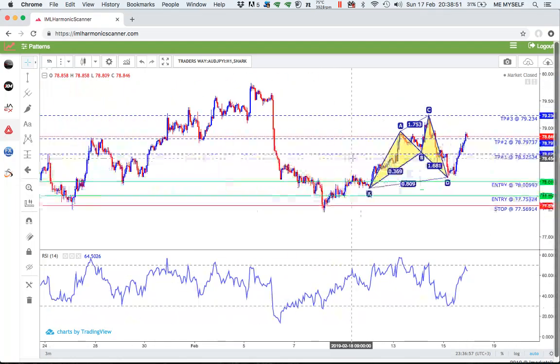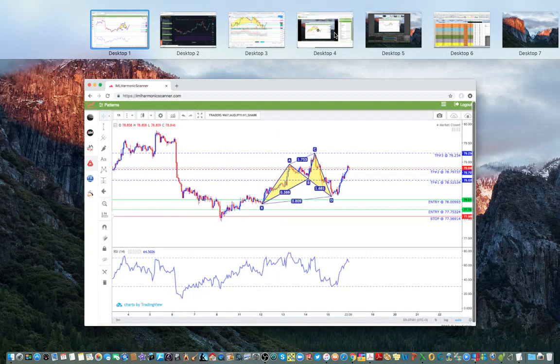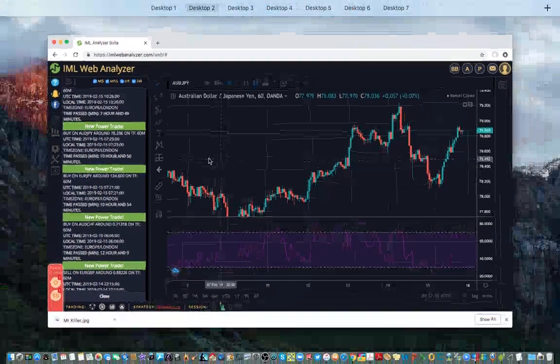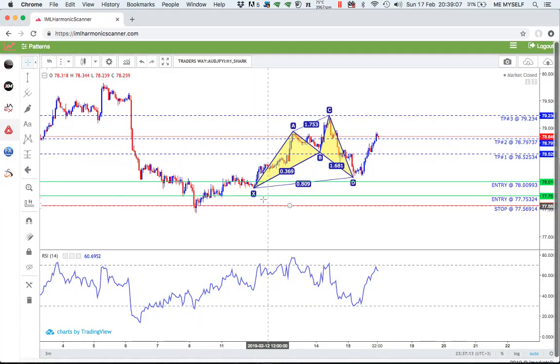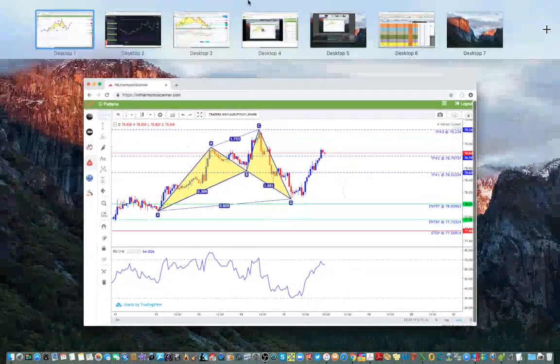AUD JPY called for a buy. Nice thing is that you could actually plot these in the analyzer itself. So that's pretty cool. So where's my X, A, B, C, D?